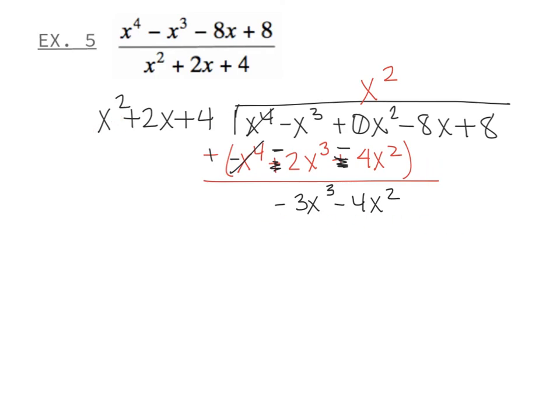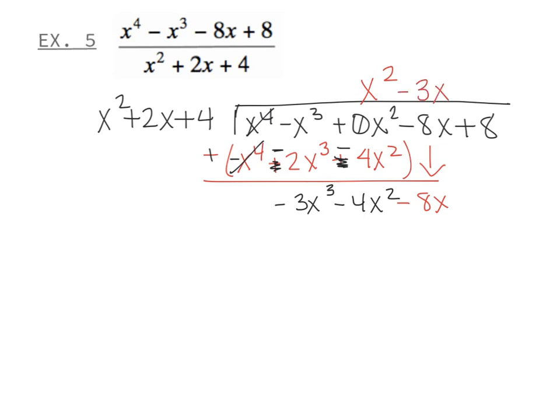So I need to bring down the negative 8x, so bring that down, negative 8x, so I have an x squared and I have a negative 3x cubed, so I need to multiply it by a negative 3x. Negative 3x.